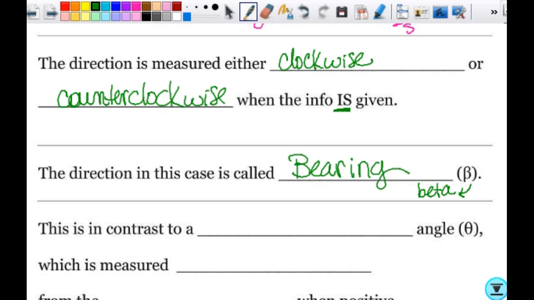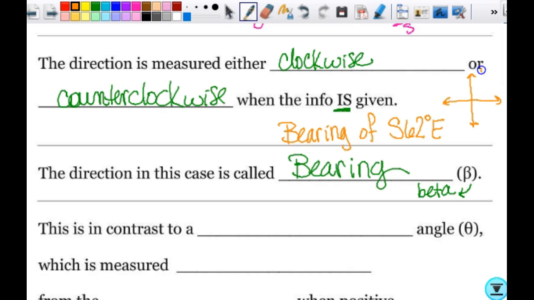So if I said we have a bearing of south 62 degrees east, okay? A bearing of south 62 degrees east, that's how you would read that. This is actually very simple. It's easier than the other way, and it makes sense. You just have to have at least been shown it once.